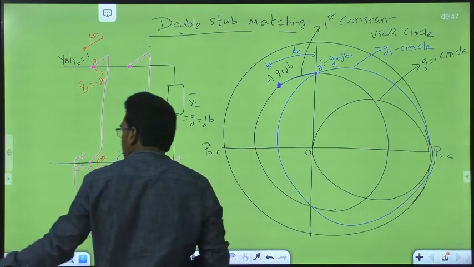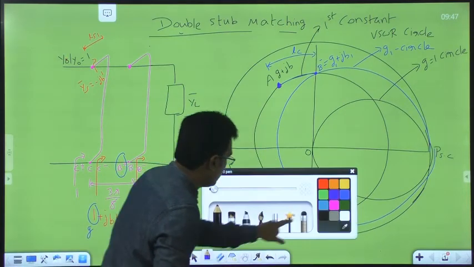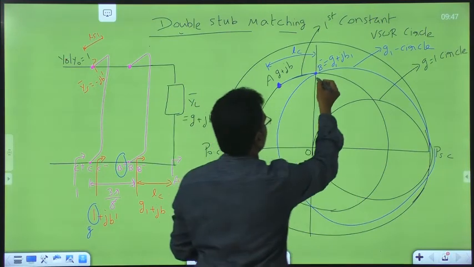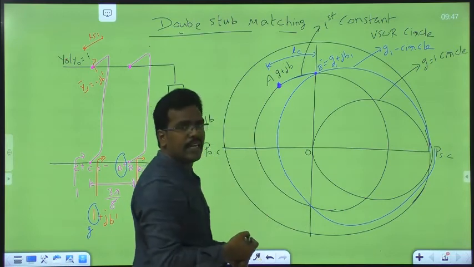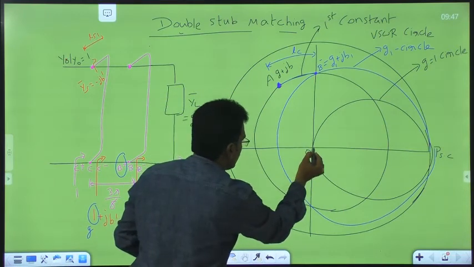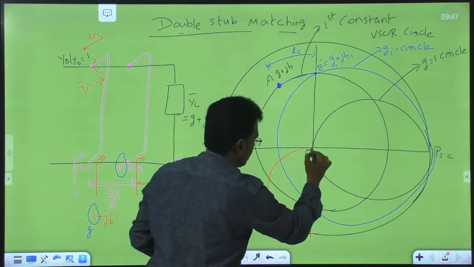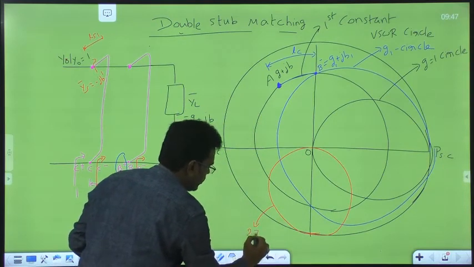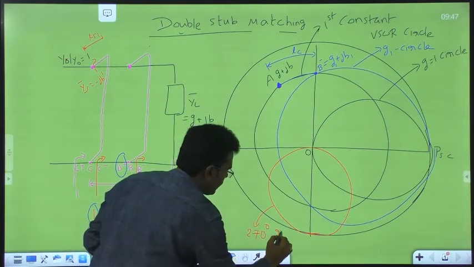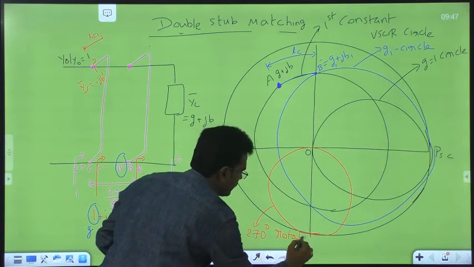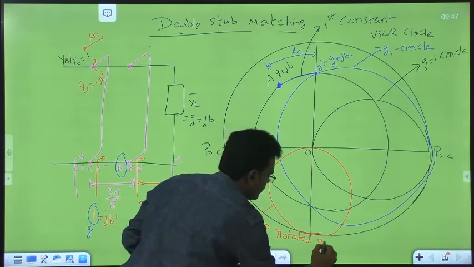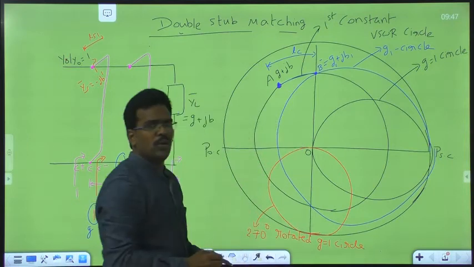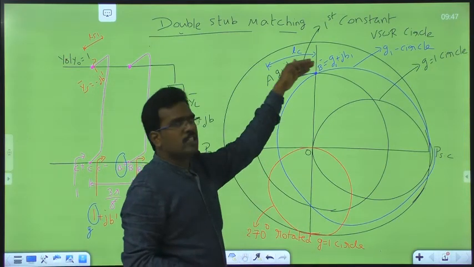Now we have to move on this G1 circle until it reaches the 270 degrees rotated G is equal to 1 circle. So this is the procedure for transforming this B minus to B plus.